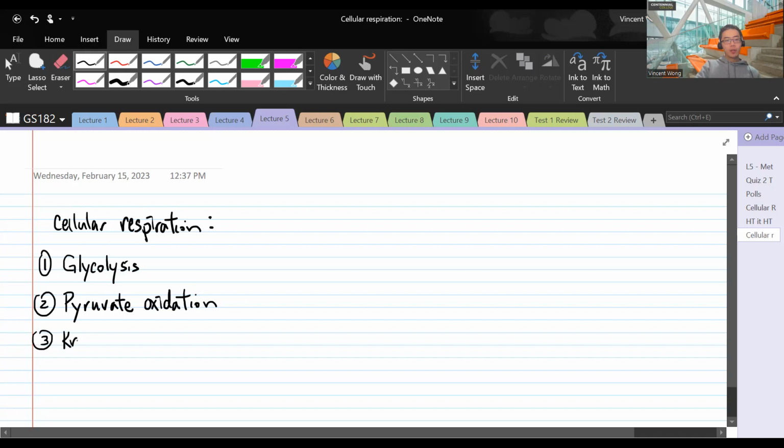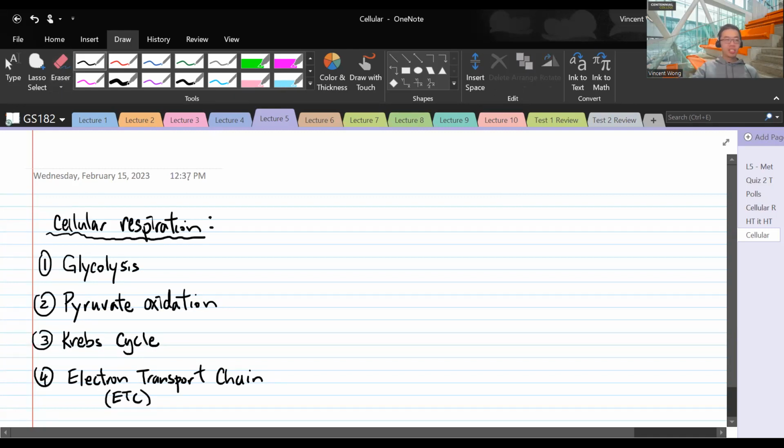And then we have the Krebs cycle. And lastly, we have the electron transport chain, or ETC for short. So that's the 4 major stages in cellular respiration.